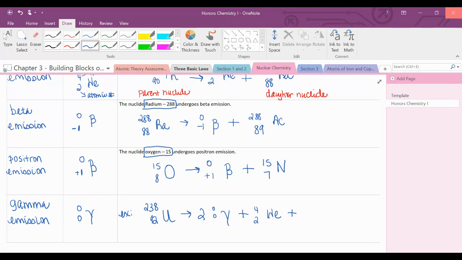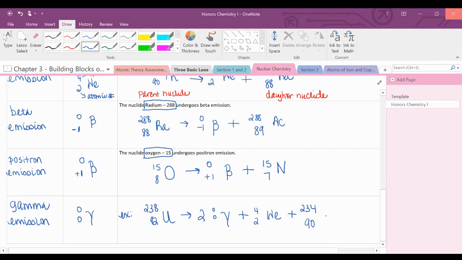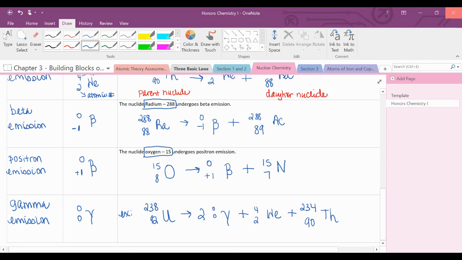And again, if I take my parent nuclide and I subtract my particle mass numbers from those values, this would be 234. And if I took my parent nuclide's atomic number and subtract the particles' atomic numbers, we get 90. And if I look up atomic number 90 on the periodic table, this would be thorium.